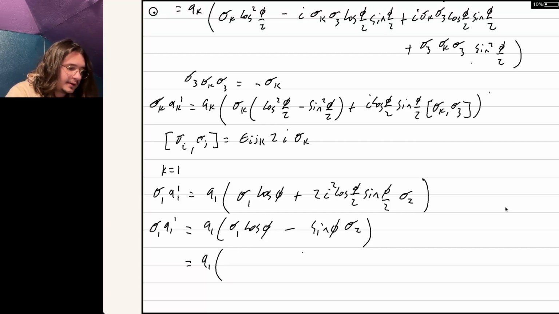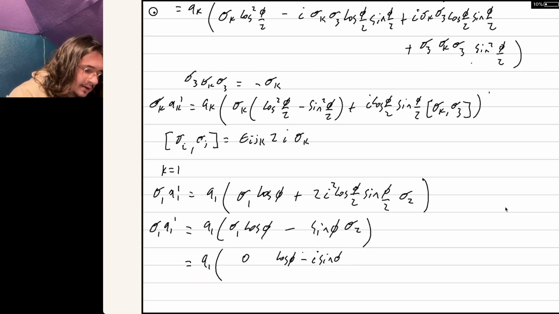So you'll have a minus i sine phi, no, that's not right. Nothing in that element. This one is cosine phi minus i sine phi. This one is cosine phi plus i sine phi, 0.